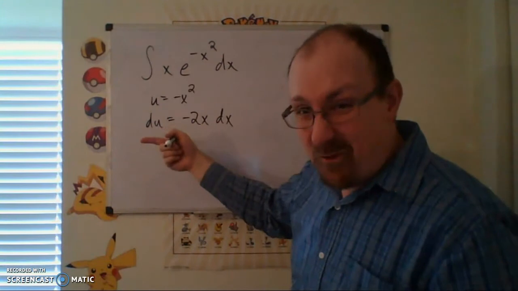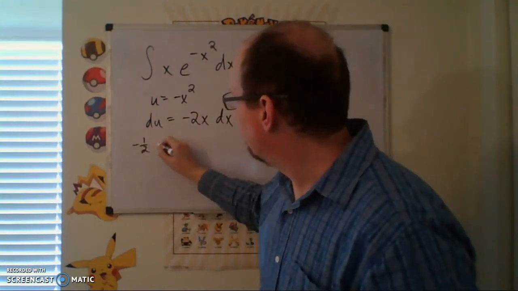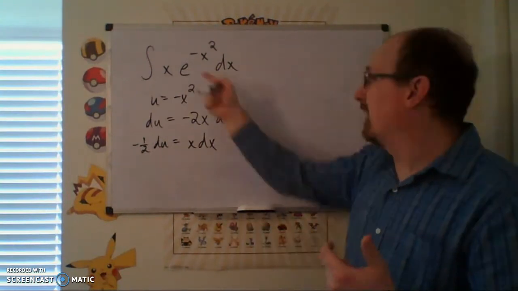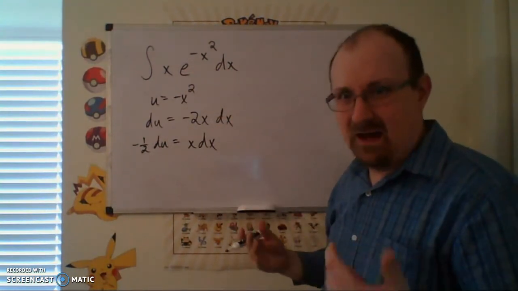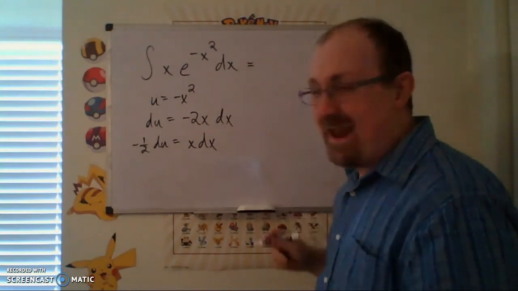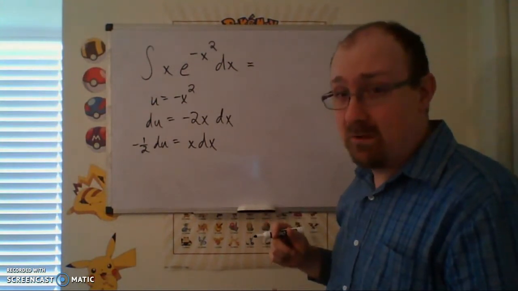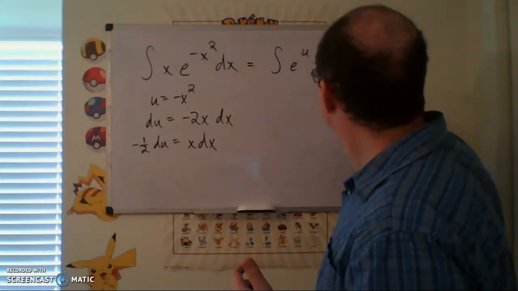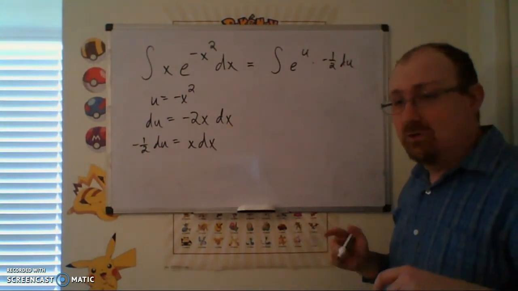So divide over the negative 2: negative 1/2 du is x dx. And again, if you need to rewrite this and pull the x in the back, that's fine. Like I said, I've been at this for a really long time at this point in my life. So anyway, we have e to the u times negative 1/2 du.